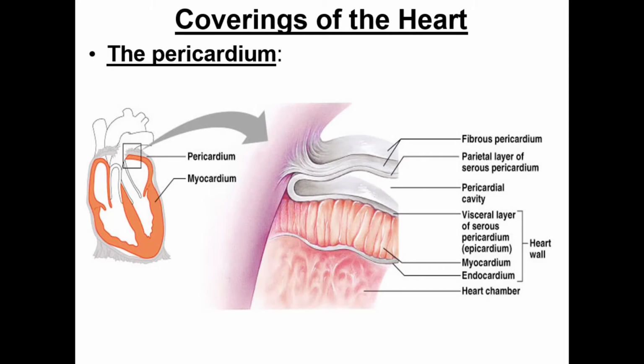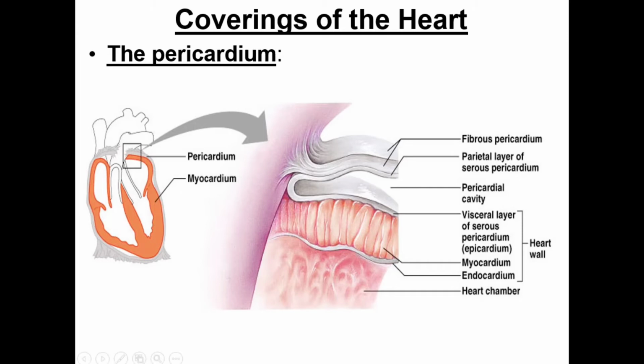The covering of the heart, the pericardium, protects and anchors the heart, prevents overfilling of the heart with blood, and allows the heart to work in a relatively friction-free environment.